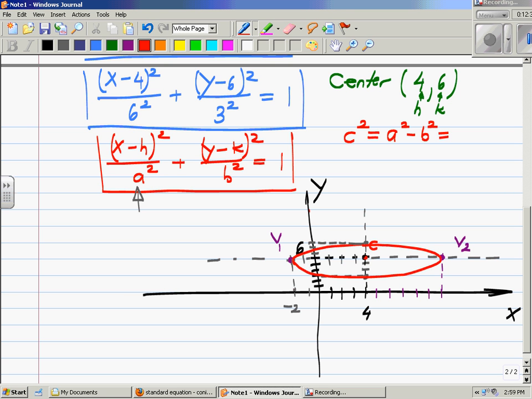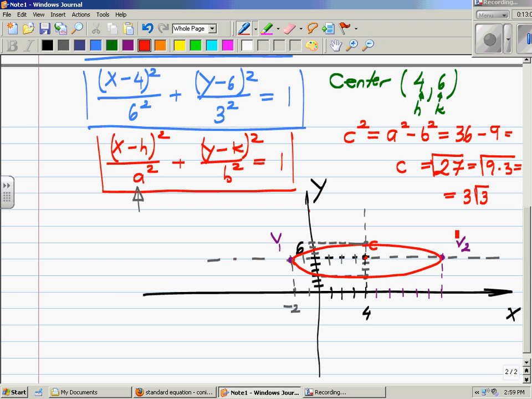What is your a in this case? a squared, 36. b squared, 9. And what do you have here? 27. Which means your c will be square root of 27, right? That is square root of 9 times 3, which equals 3 square root 3.